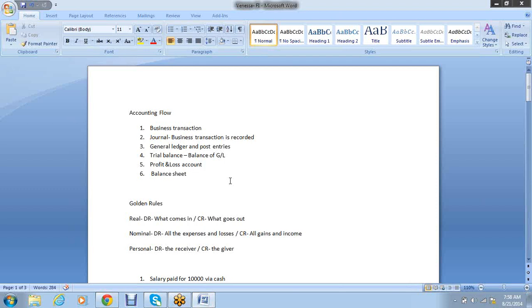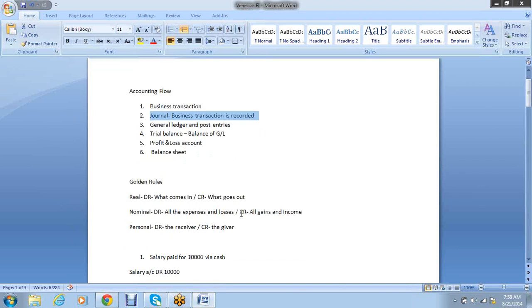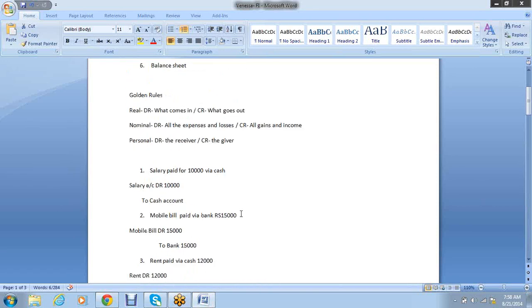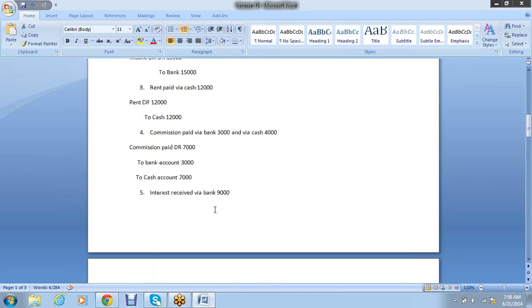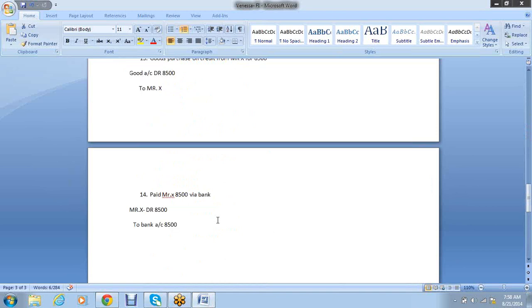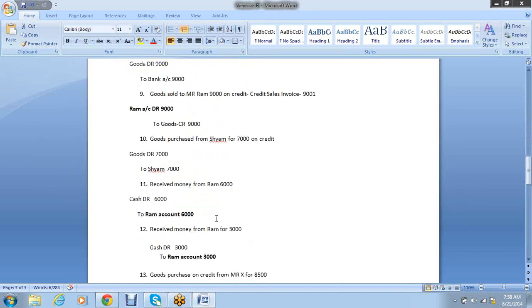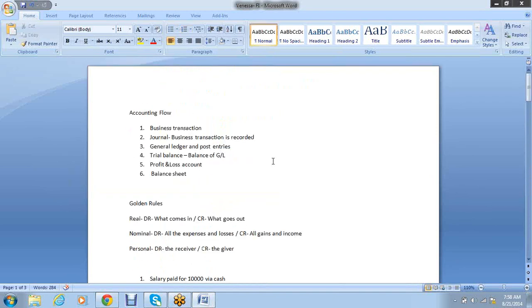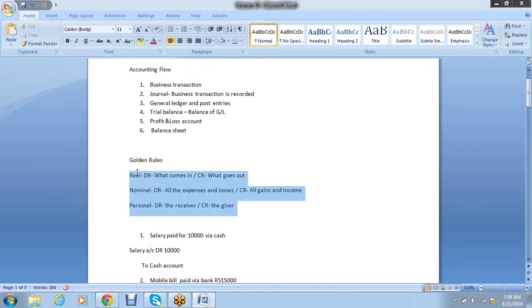If you get time, read them, but try to see more and more examples where you can find journals like this. You just want me to focus on these three golden rules, and that's it for today: journal entries.